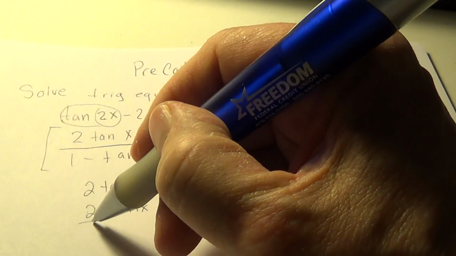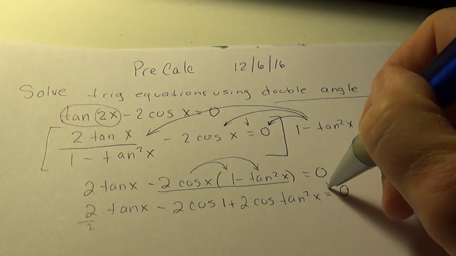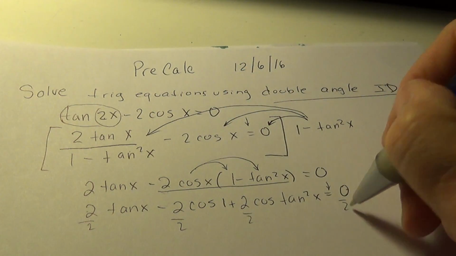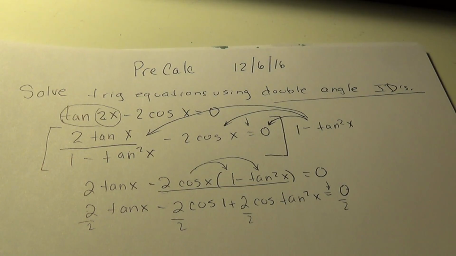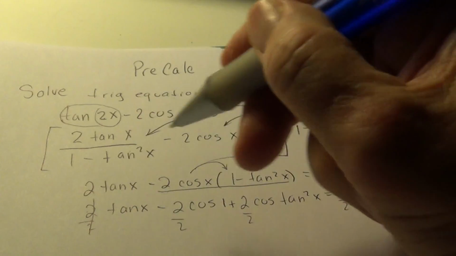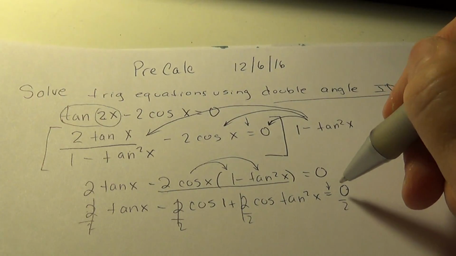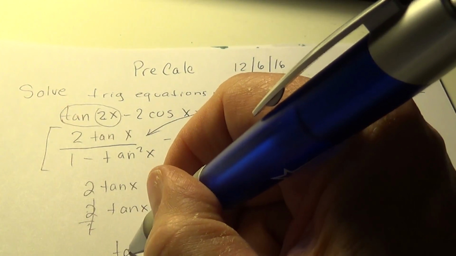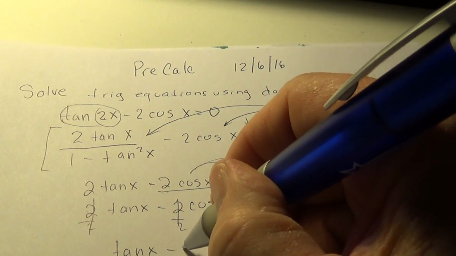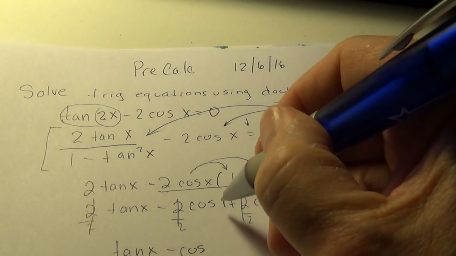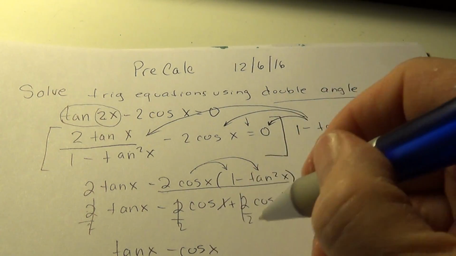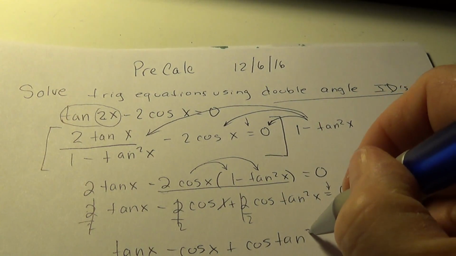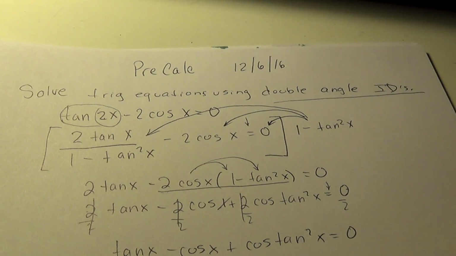If I have an equal sign and I do it to every single term on each side of the equal sign, that is legit. So I get rid of some numbers there. So tangent x minus cosine x, plus cosine x tangent squared x equals 0.